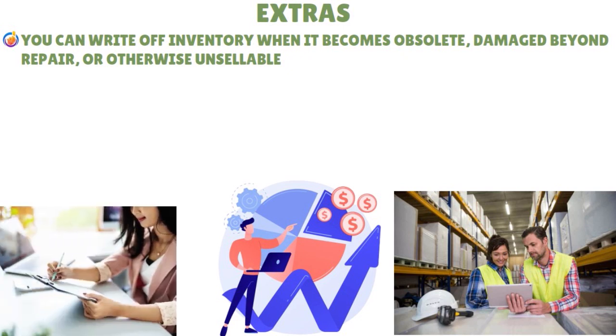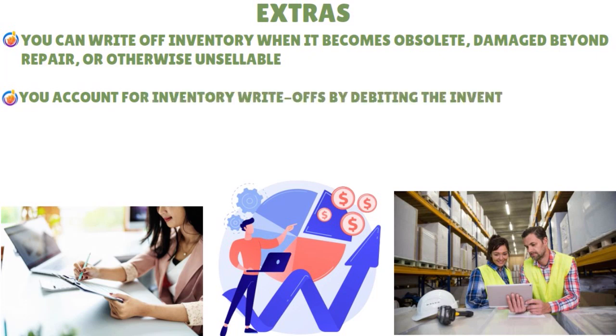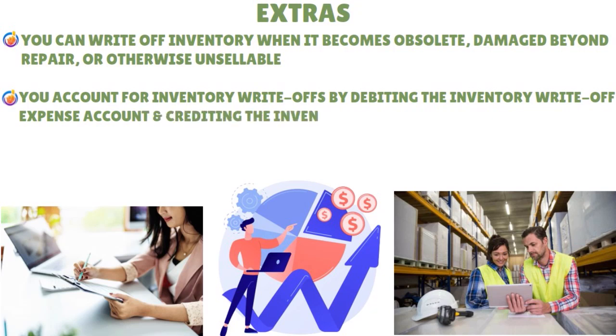Now, how do you account for inventory write-offs? Pretty straightforward. You account for inventory write-offs by debiting the inventory write-off expense, which is an expense account, and you credit the inventory account. So inventory being an asset, when you credit it, you are reducing its value. And an expense account, when you debit it, you are increasing it.